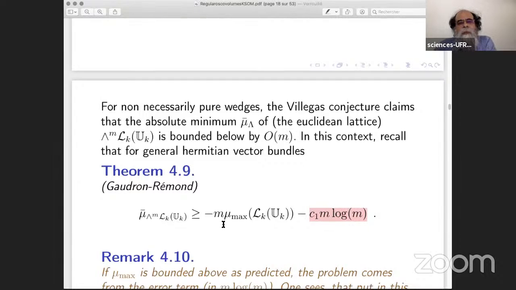So basically, if you prove the conjecture for the mu max, you still have something to do, because you still need to kill a log m factor to get the norm of any vectors. So you still have one step to go. Okay, but you are not that far away. Knowing the co-volumes gives you already highly non-trivial information, at least if m is fixed, on the smallest norm vector of the wedge, whether it's a pure wedge or not.